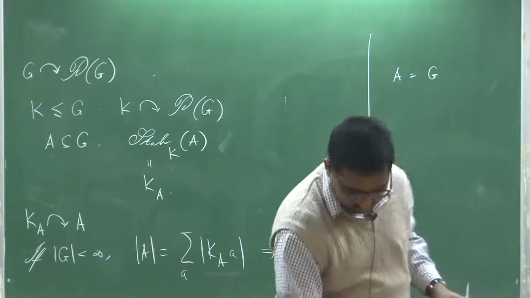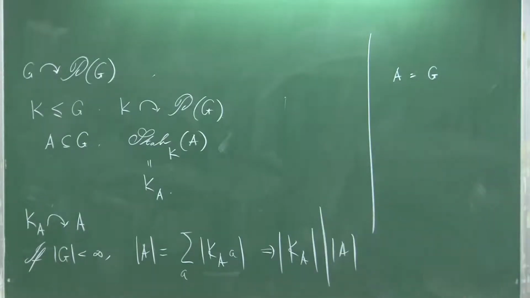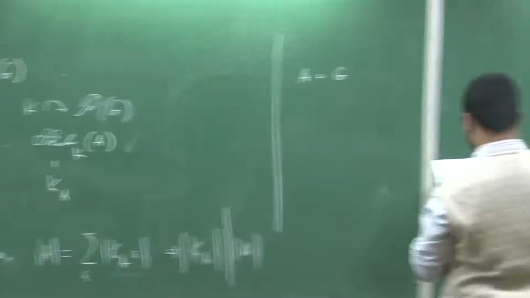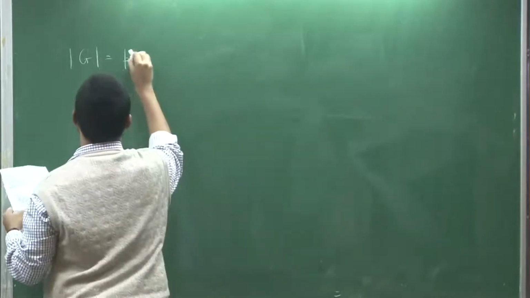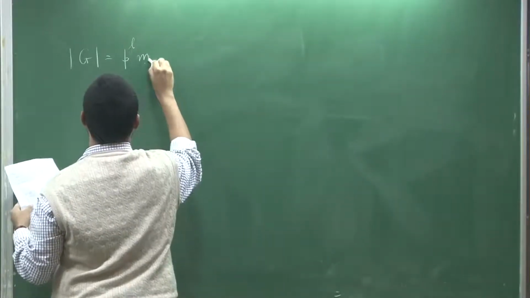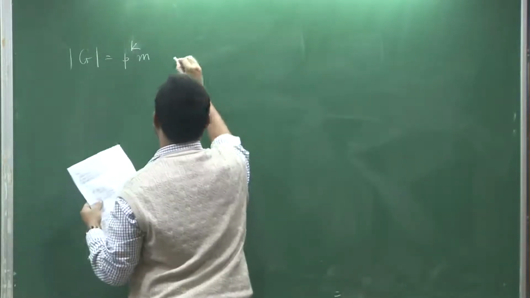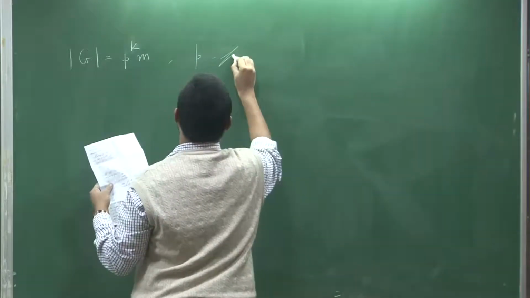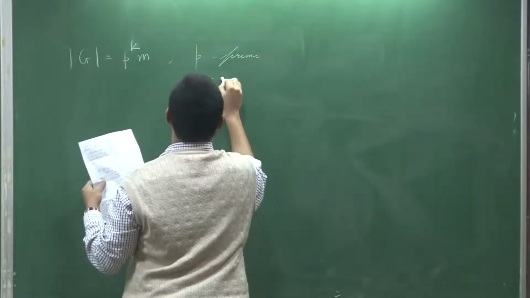As usual, let G be a finite group, p be a prime, k be a positive integer and m be a positive integer, and let G be a group having order p to the power k m.